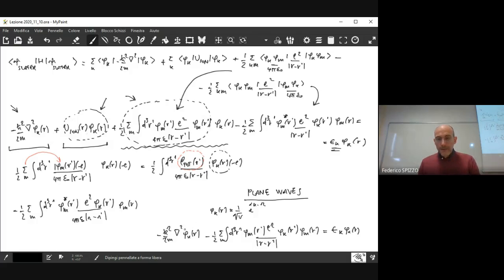We use plane waves to evaluate the effect of the exchange term, so the modification of the energy due to the presence of this second contribution. So somehow we are transferring the effect of the interaction from a modification to the wave function to a modification of the energy.